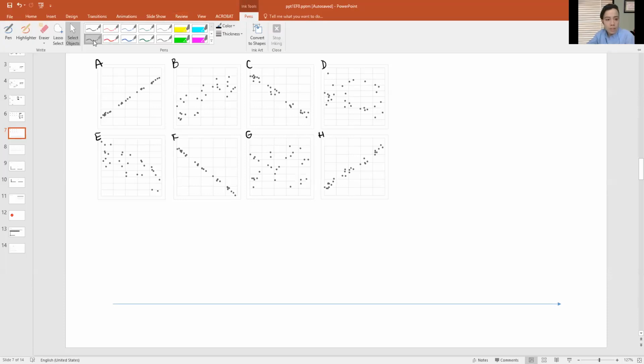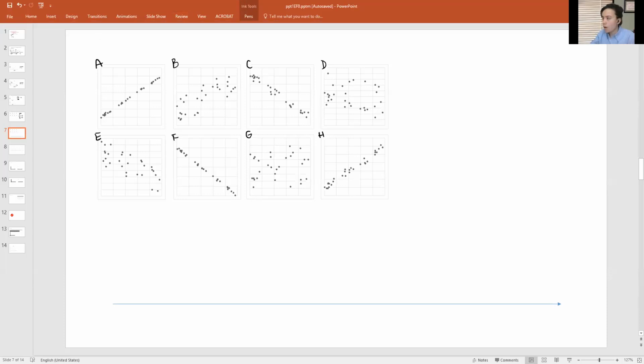I think one of the most common ones is to do A, so AF, HC, BE, and GD. That means to first look at A and F, which are the strongest ones, right? You have the strongest one positive, and then the strongest one negative.